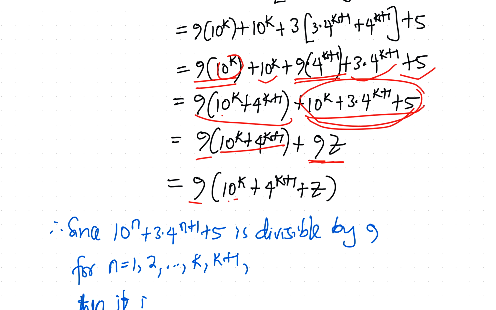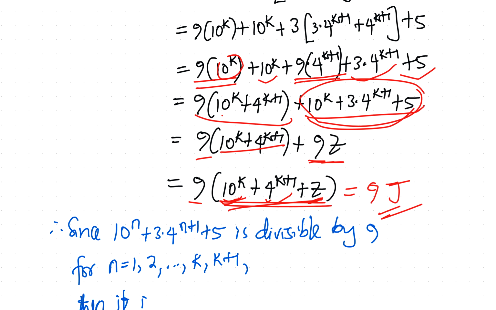So for whatever value of k, if you put 1 or any integer, any natural number, it is all going to be there. So this whole expression is going to be an integer. So at the end of the day, you can say that this is 9j, where j is an integer, where j represents this whole expression.